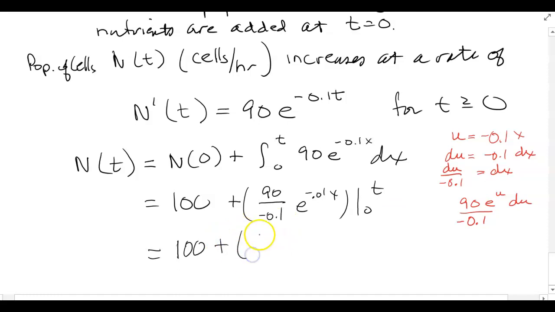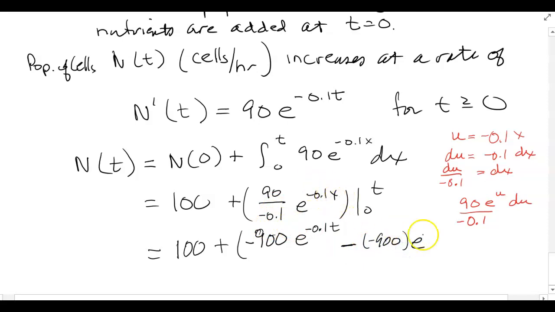By the way, 90 divided by negative 0.1 is negative 900 e to the negative 0.1t, right? Then minus, again, 90 divided by is negative 900.